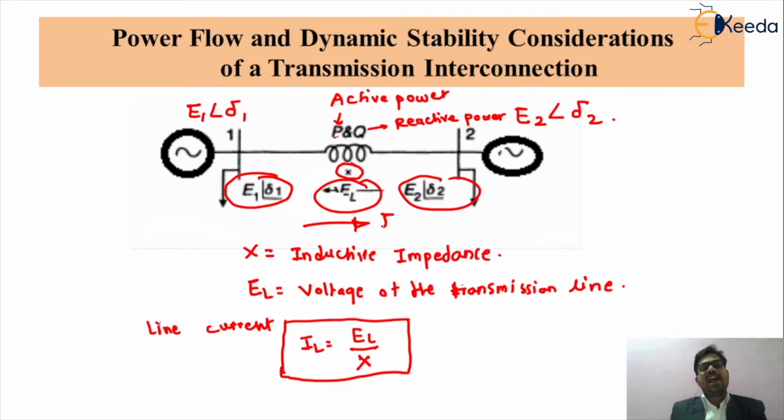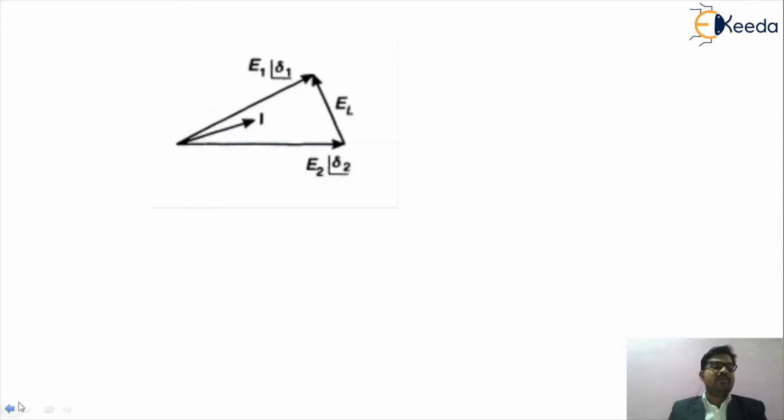Friends, basically from this diagram we can get a simple power angle equation, or power equation, of your transmission line. What should be the power equation of your transmission line? We get a simple equation: P is equal to E1 E2 divided by X into sine del.